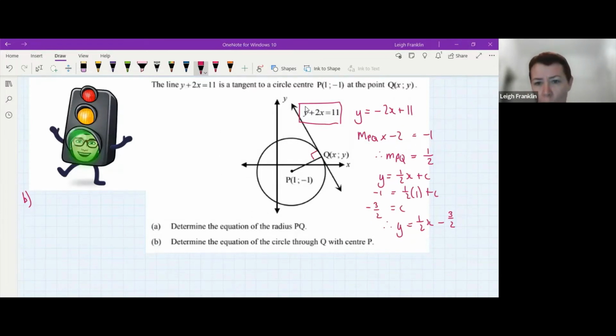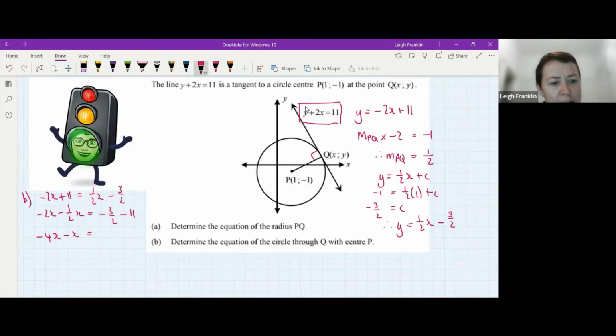I then equated minus 2x plus 11 with what I have just calculated. So in other words, half x minus 3 over 2. This is to get the coordinates of Q. So now, minus 1 over 2x is equal to negative 3 over 2 minus 11. I'm just going to times through by 2 because it makes life so much easier.